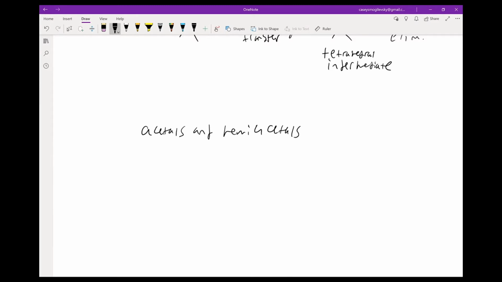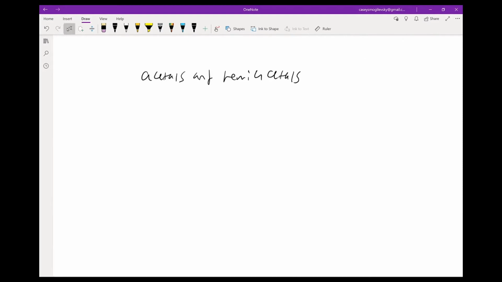Okay, so let's do the hemiacetal example first. Let's start from acetone again, and we want to see what happens when we do this reaction with methanol, for example.